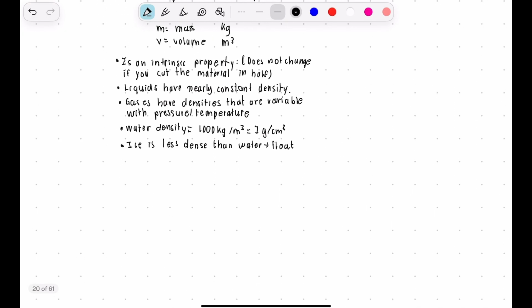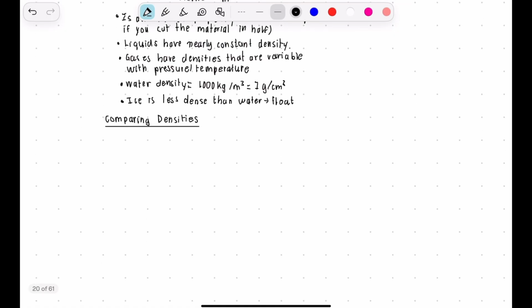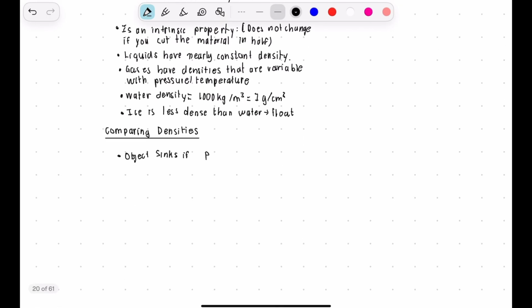Now, let's compare the densities. You should know that an object sinks if the density of the object is greater than the density of the fluid.